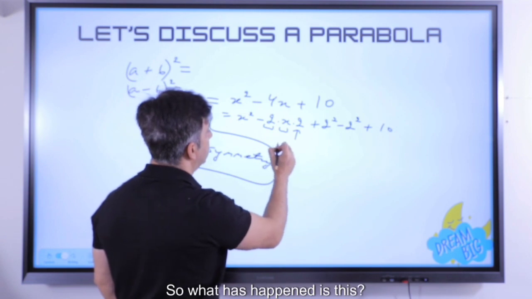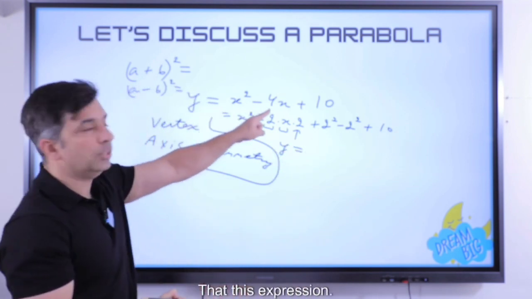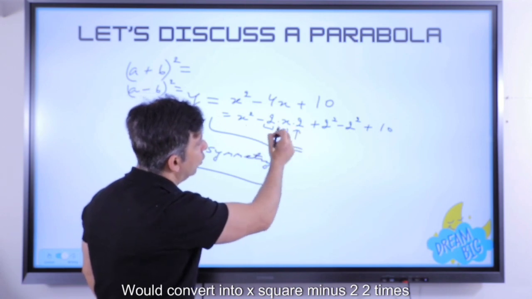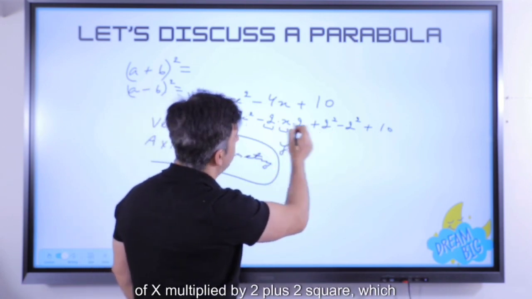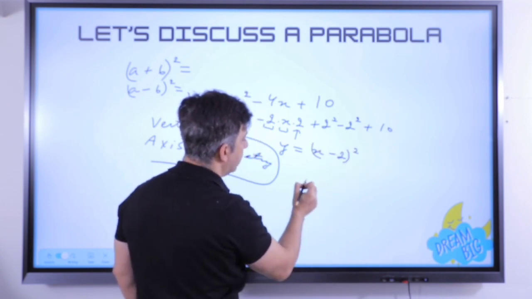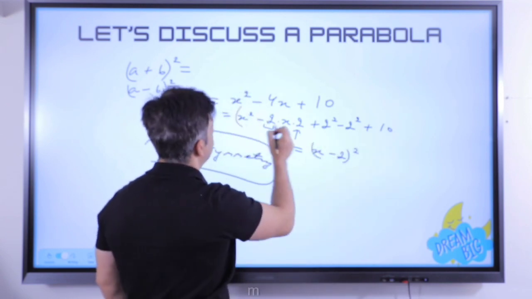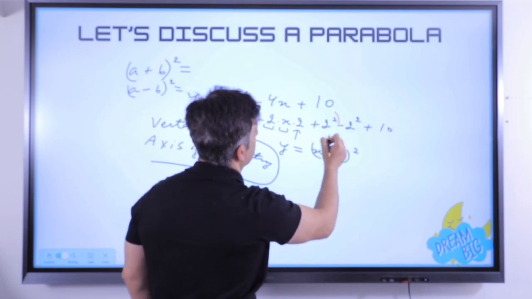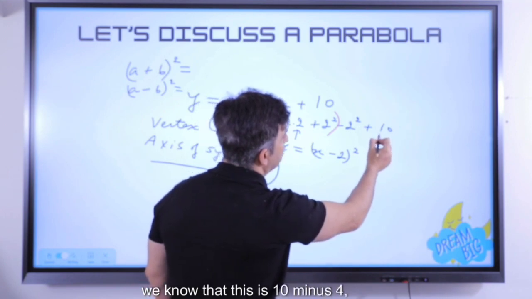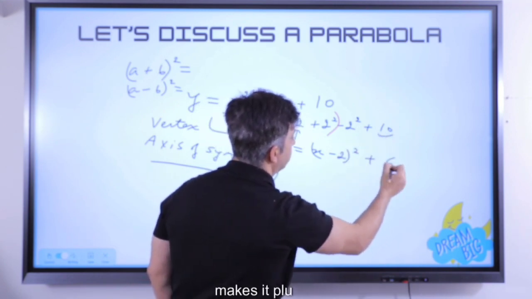So this expression converts into x square minus 2 times x multiplied by 2 plus 2 square, which is directly (x minus 2) whole square, and the remaining part is 10 minus 4, which makes it plus 6.